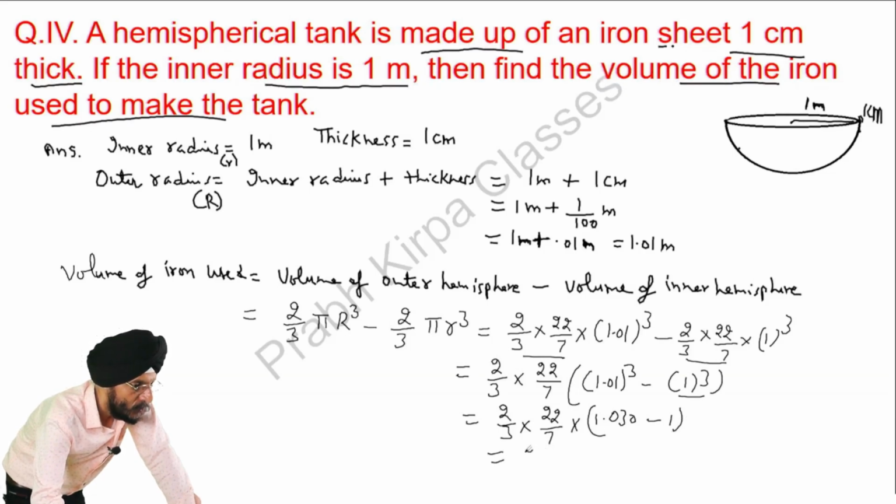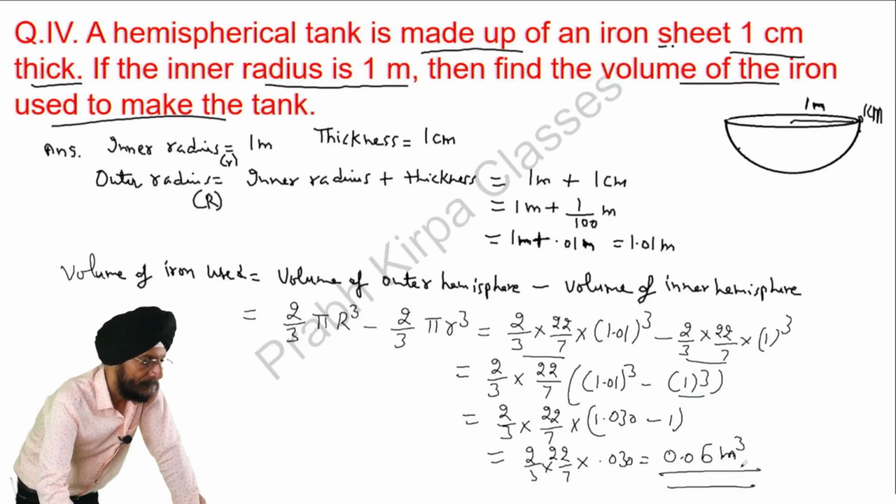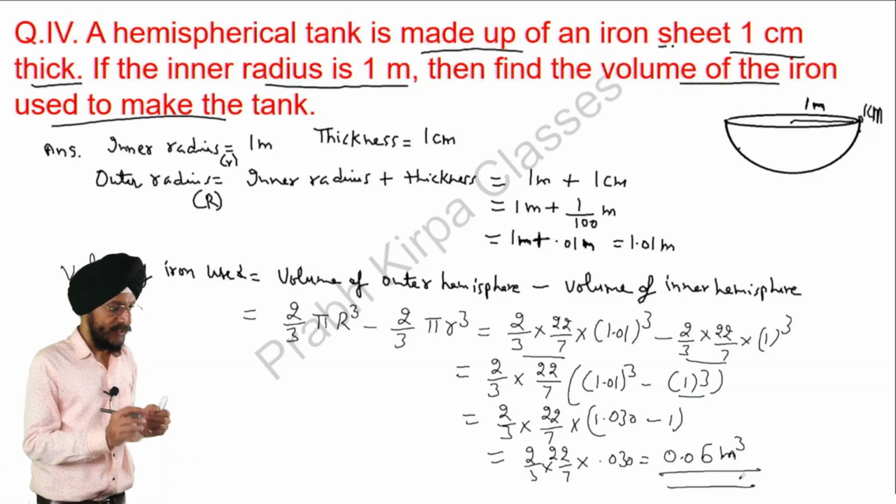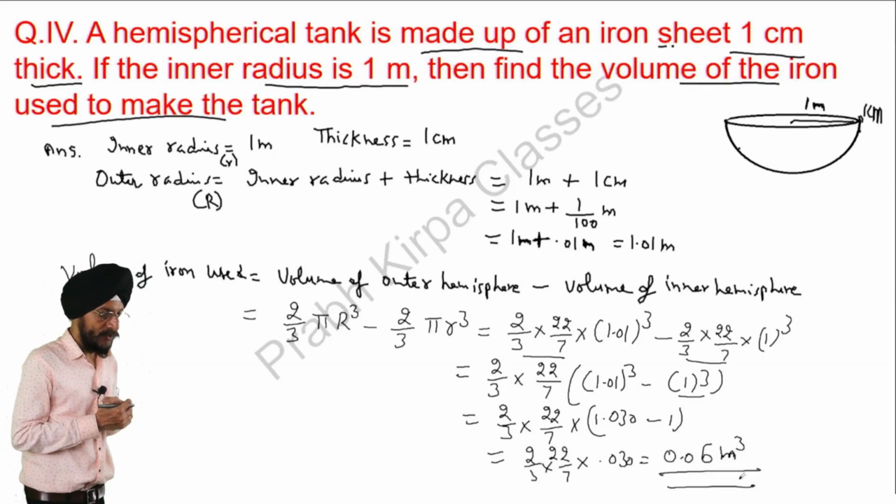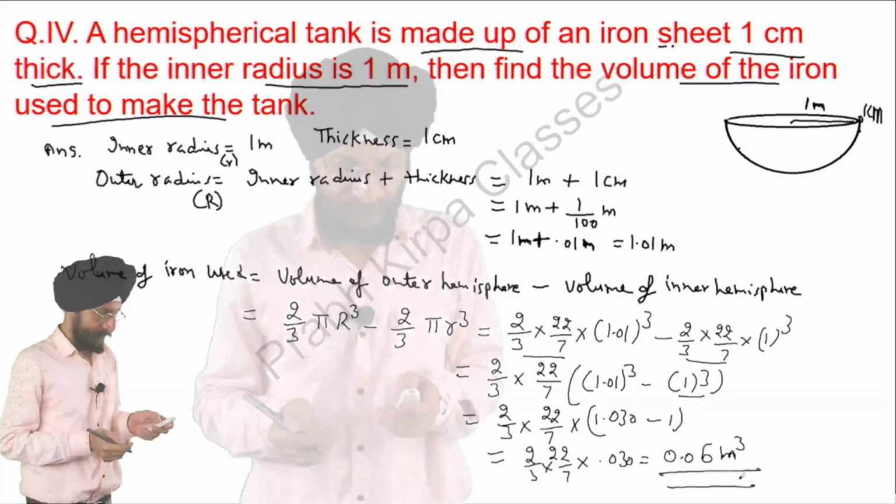So 2 over 3 into 22 over 7 into 0.030. So when we solve all this, we will arrive at 0.06 cubic meters. This is the answer before us. Volume of iron used is equal to 0.06 cubic meters.